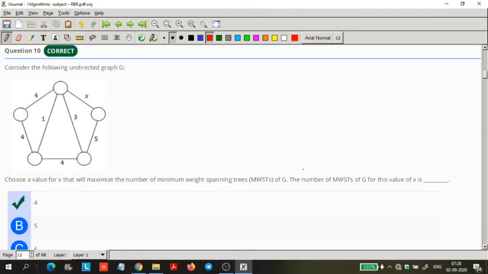Now consider the following undirected graph. So this is the undirected graph.